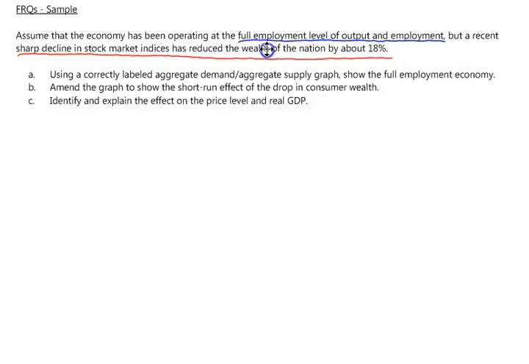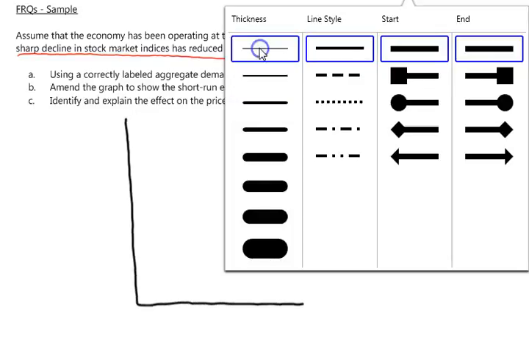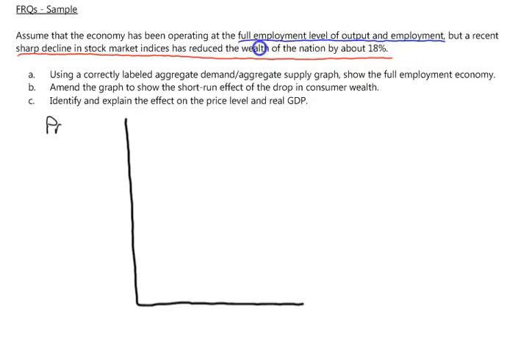Already from the prompt, we've picked up a couple key pieces of information that will hopefully guide us and help us answer this question. So part A is now going to ask us, using a correctly labeled aggregate demand, aggregate supply graph, show the full employment economy. So first thing we want to do is set up our graph. Now remember, we need to make sure everything is always labeled.